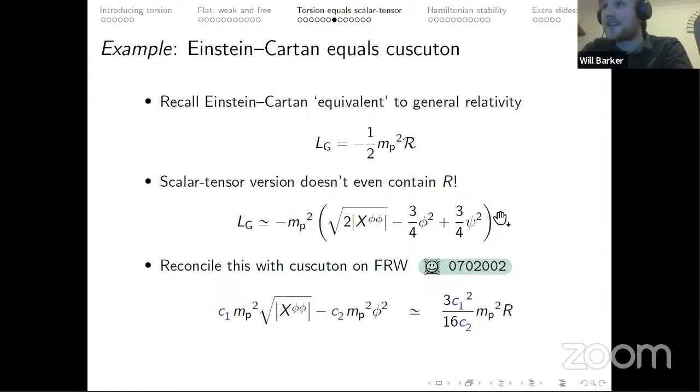Bizarrely, this actually does turn out to reproduce the Friedmann equations. So you can get the phi equation out of this and substitute it into the metric equation that comes out of this, and it turns out that it does reproduce the Friedmann equations of cosmology, which is quite strange. And this non-canonical theory is quite well known. It's called Cuscuton. But it's not been motivated in this way before.